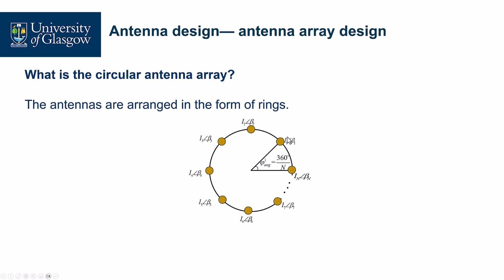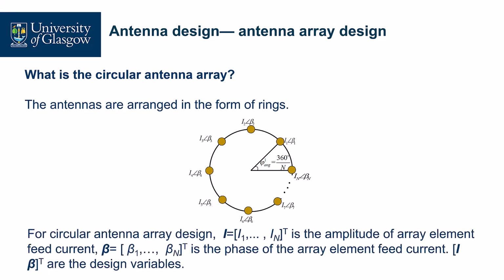For each of them, we have two design variables: one is I, one is beta. I is the amplitude of the array element feed current, and beta is the phase of the array element feed current. So these are the design variables.